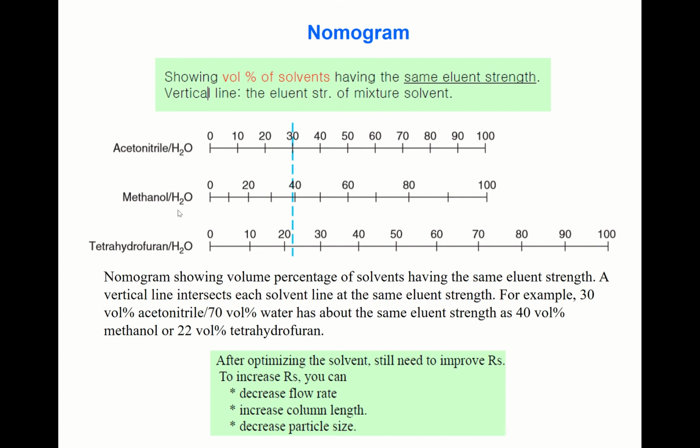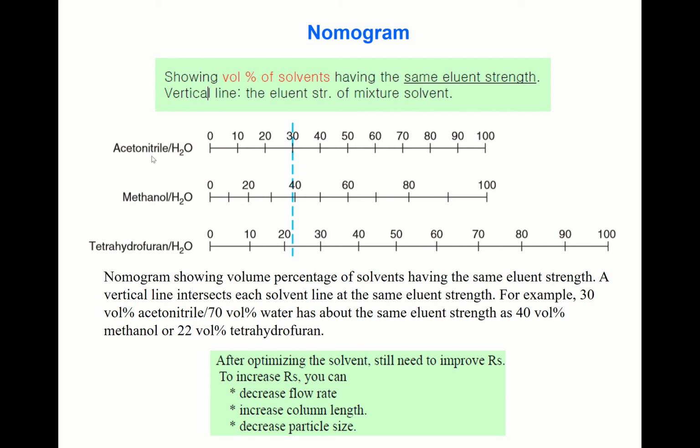And likewise, for the methanol and water mixture, the scale is like that, but the distance between the numbers is different. And the same way for the tetrahydrofuran and water mixture. This is a nomogram, and you draw the vertical line. A vertical line means the same eluent strength.